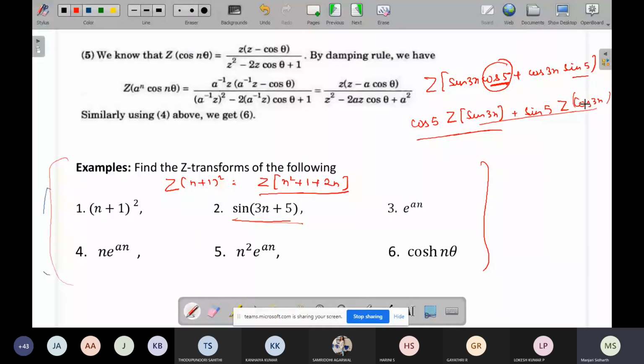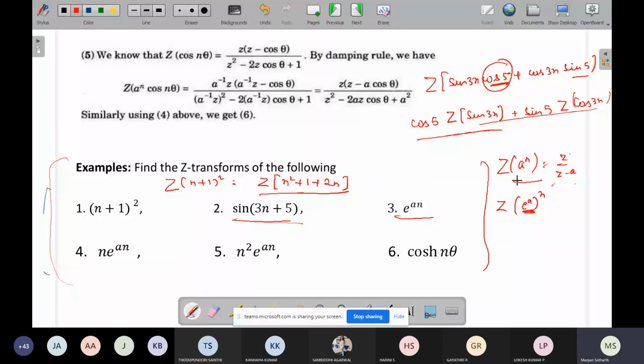If it is not containing n, it is a constant. You need to consider this as a constant. E power a n: we know the z transform of a power n is z over z minus a. So here consider this as e power a, power n, right? So a is this. So z over z minus e power a.